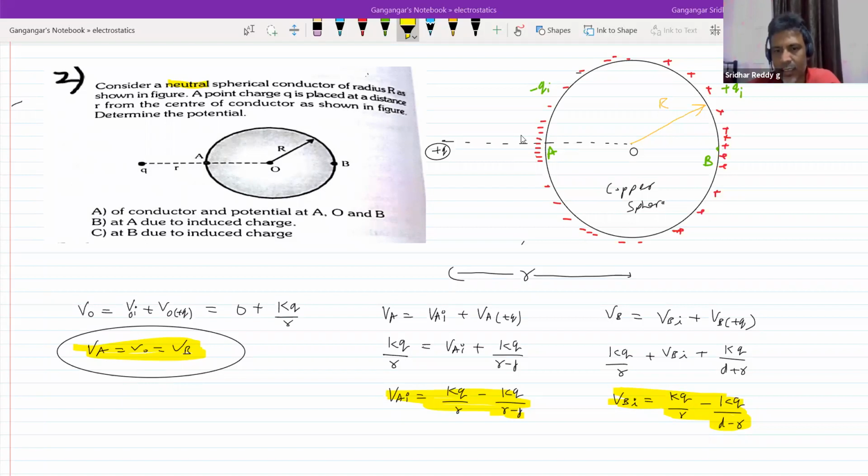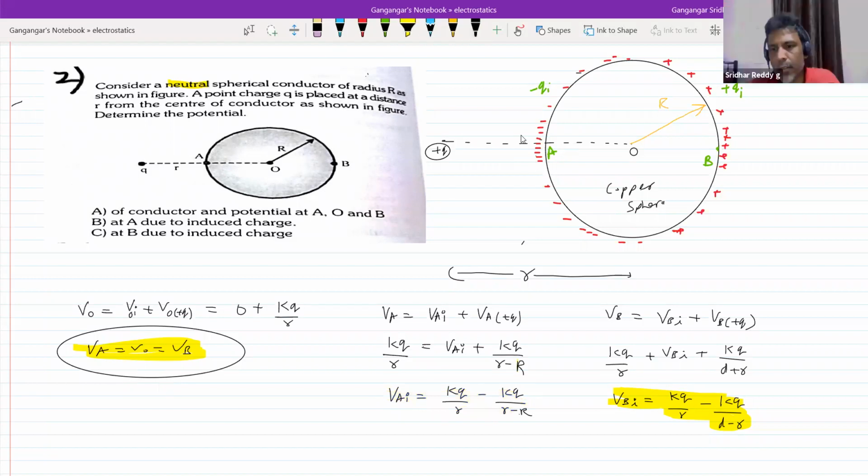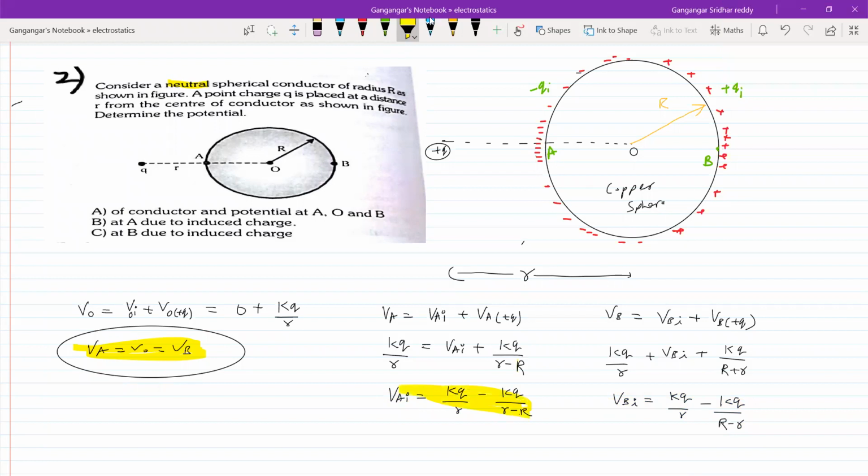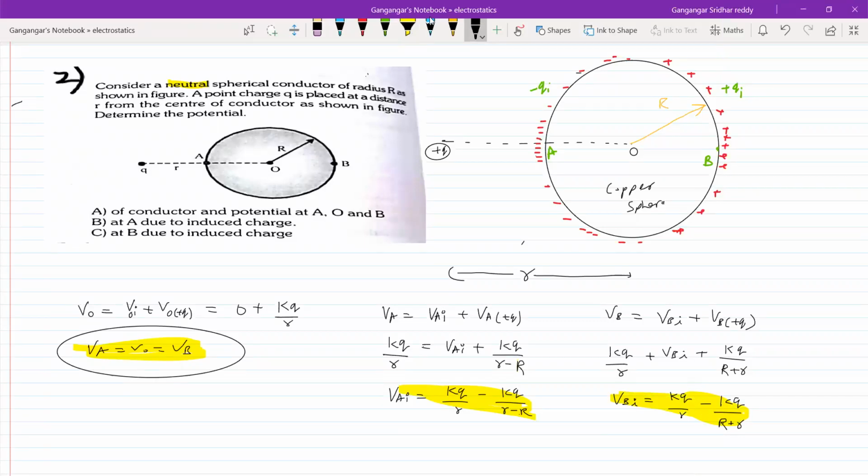Sir, D plus R, sir, the last one, D plus R. This is a plus sign. Yeah, look at the radius of this. I thought small d. Okay, it's capital R given. Fine, yeah.